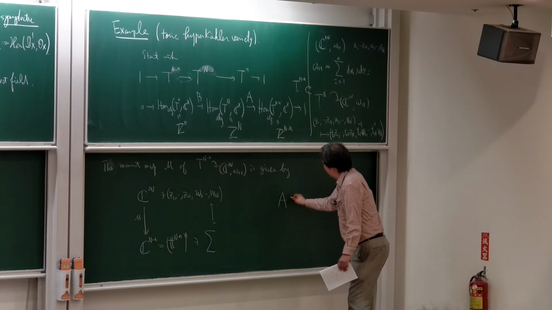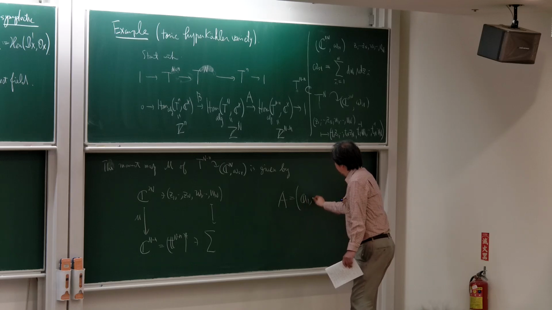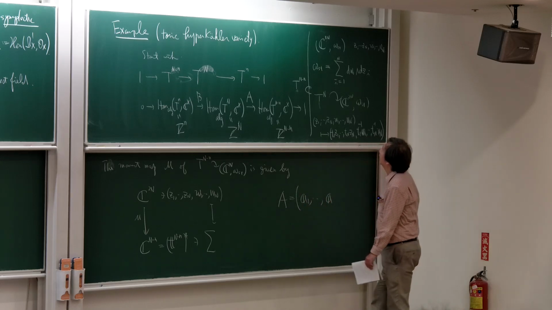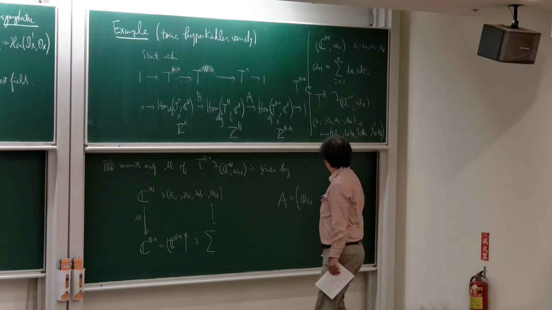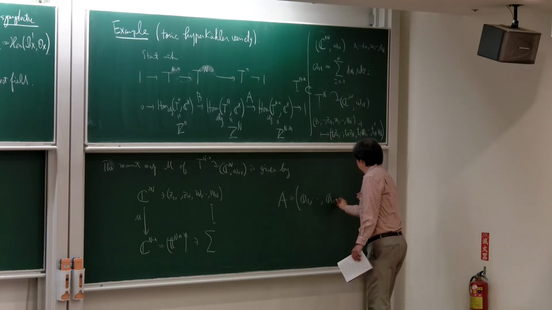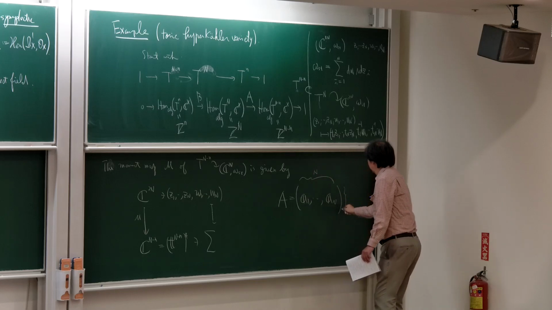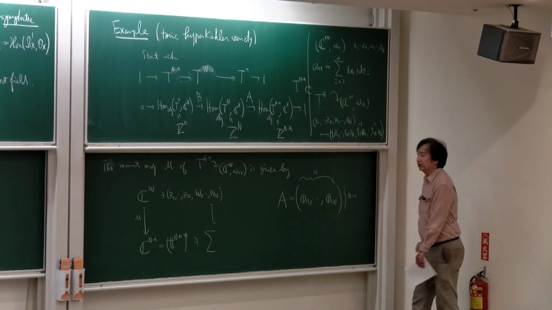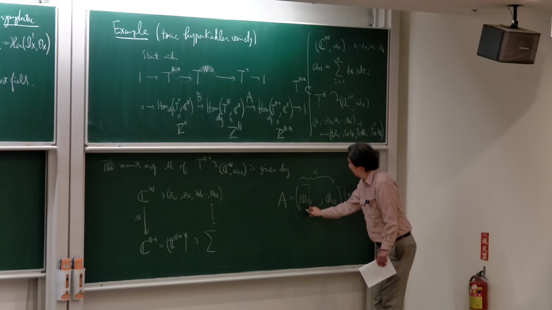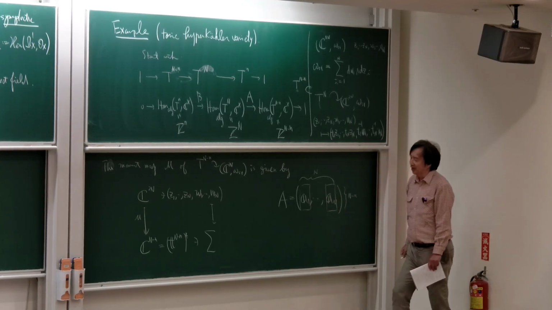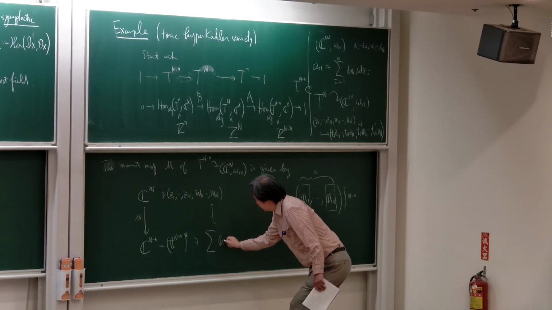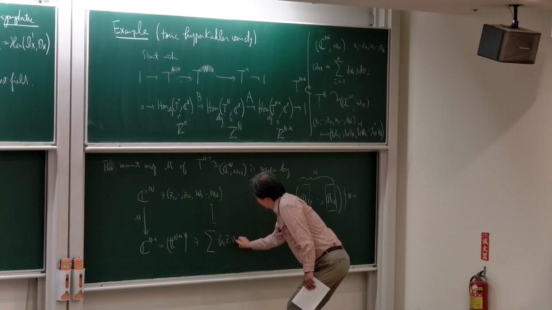Now write A in this way. A is an N times (N-n) matrix, take its column vectors, and then it is given by the following.